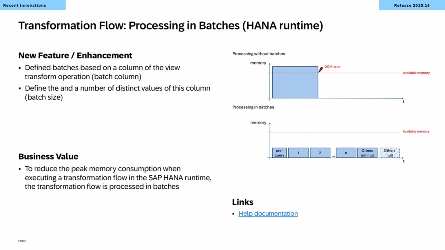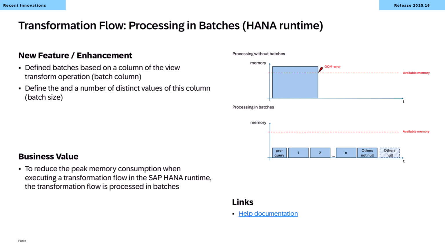So if you have very large joins, for example, you can do this in order to stay inside the memory limits of your workload classes. And you can do this separately for initial loads and for delta loads.